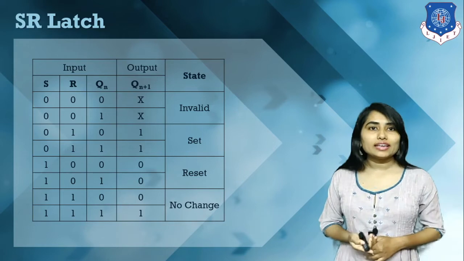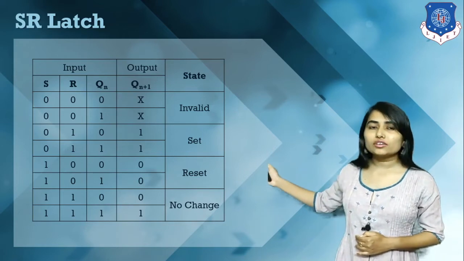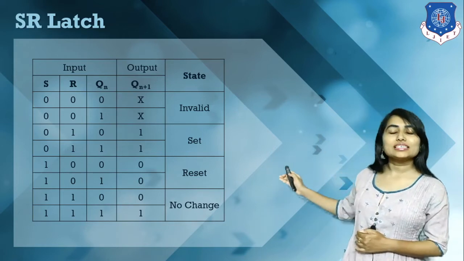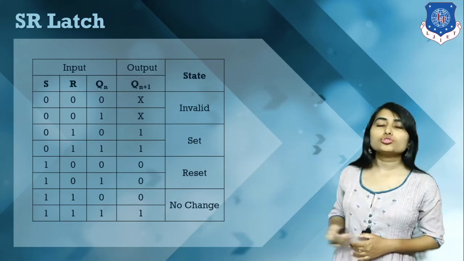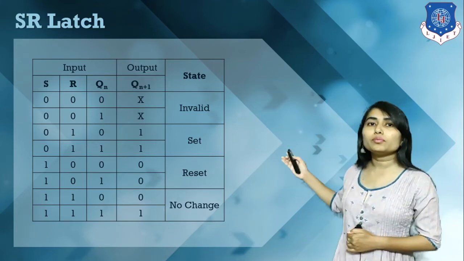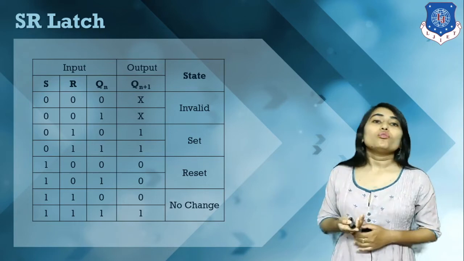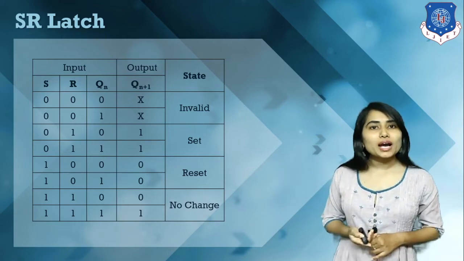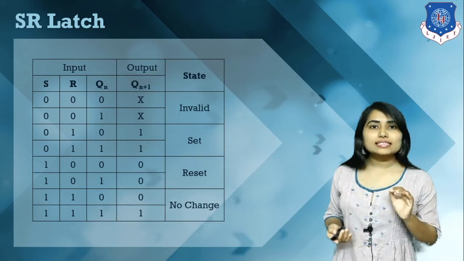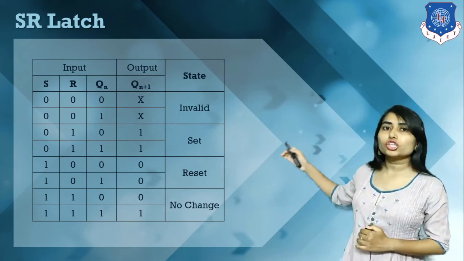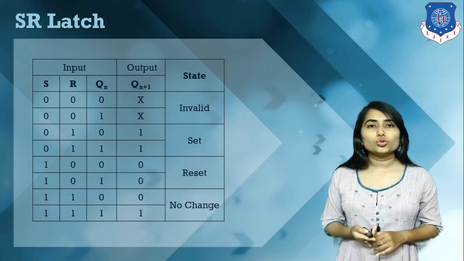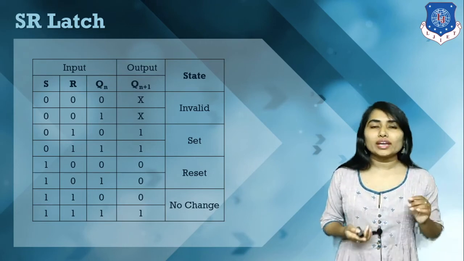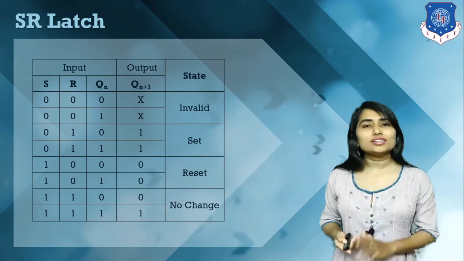Then we have the next condition, S equals 1 and R equals 0. So whenever S equals 1 and R equals 0, Qn+1 is equal to 0, whatever the condition of past output. If R equals 0, then Qn+1 is equal to 0. So this condition is known as a reset condition. So whenever R equals 0, we have a reset condition.